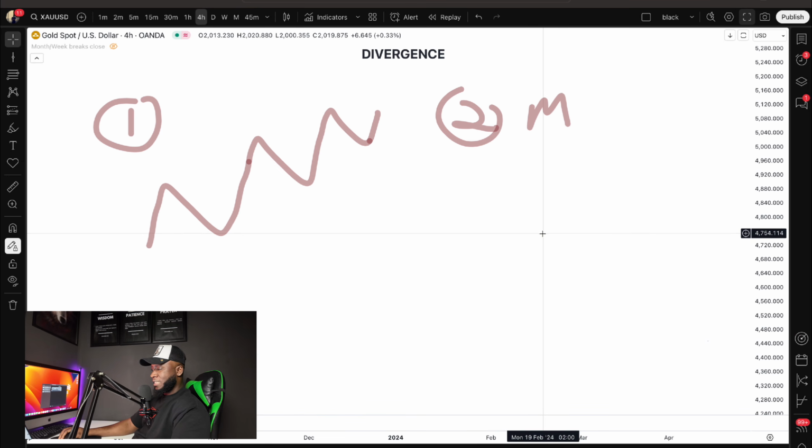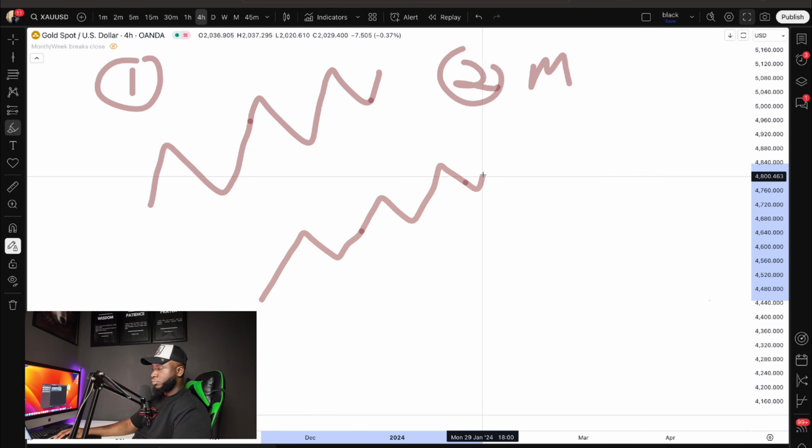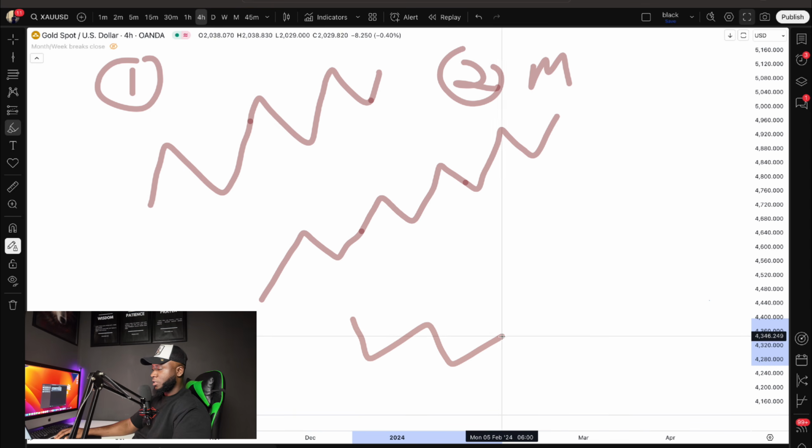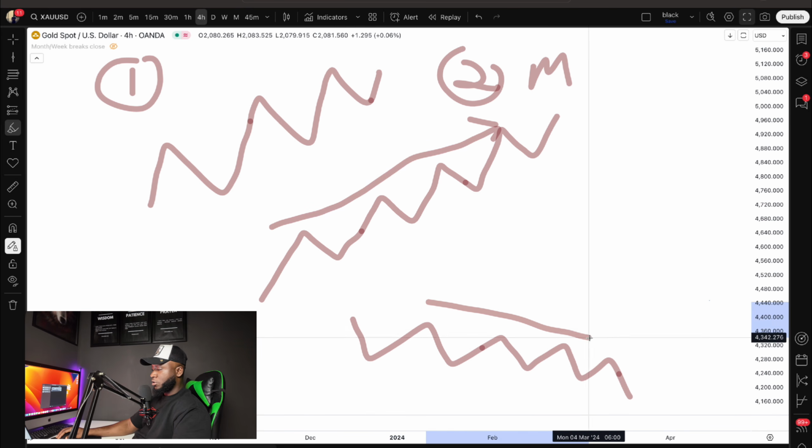So what is divergence when it comes to trading? It is whereby we have price action, or the direction of the price, going in one direction. So we have price probably creating higher highs and higher lows, and then we have the momentum indicator creating something opposite to what the price action is doing. So right here, you can see price going up, but here we have the indicator going down.